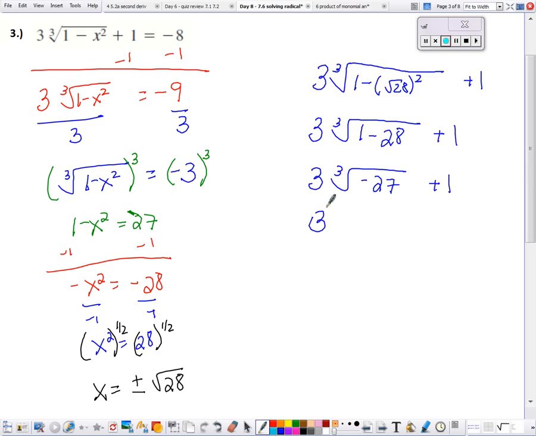The cube root of negative 27 is negative 3. And we get negative 8. Now if I made this my negative square root of 28, I would get to the same part right here because you're squaring a negative. So both positive and negative root 28 are our answers.